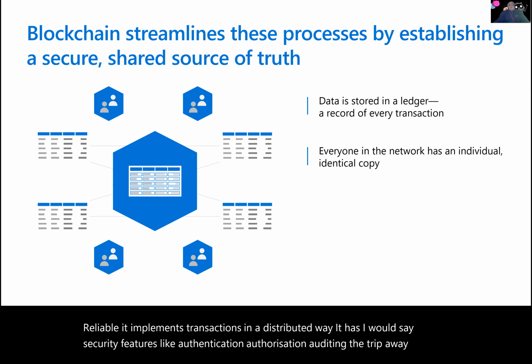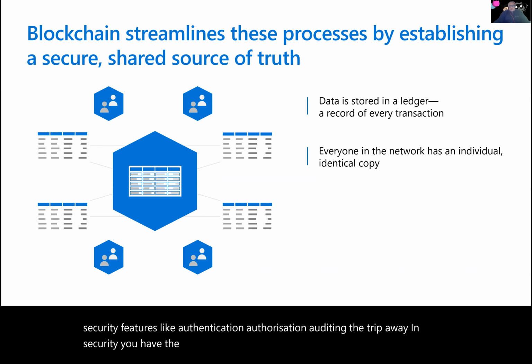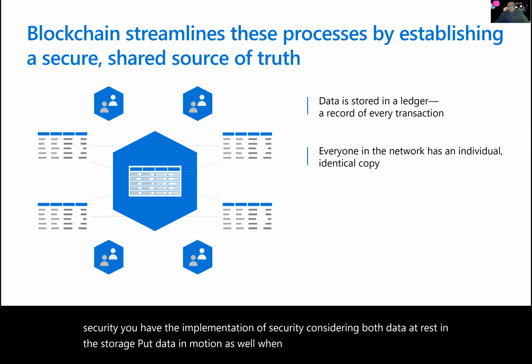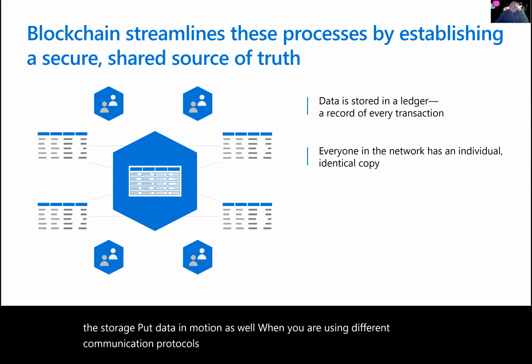You have the implementation of security considering both data at rest in storage, but data in motion as well, when you are using different communication protocols. And the blockchain network is composed of several members, as I explained.